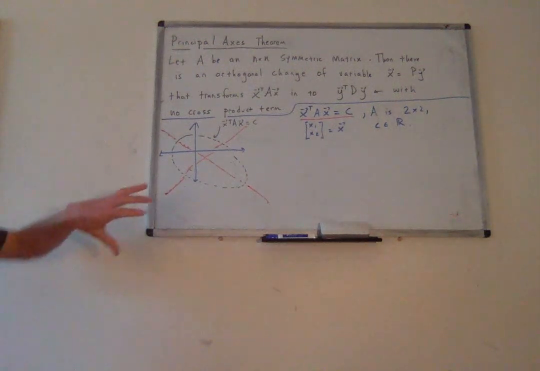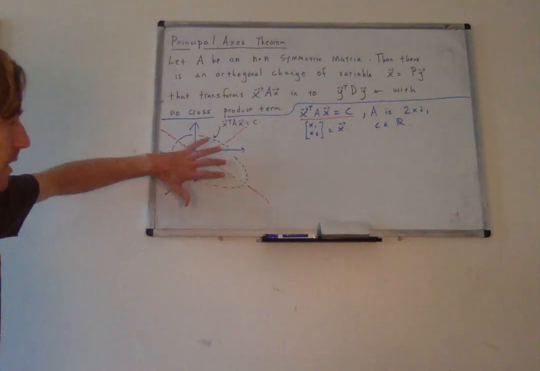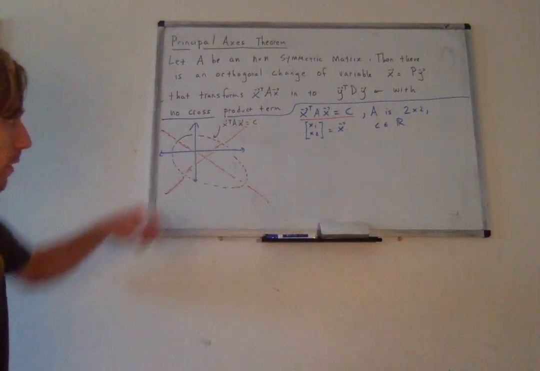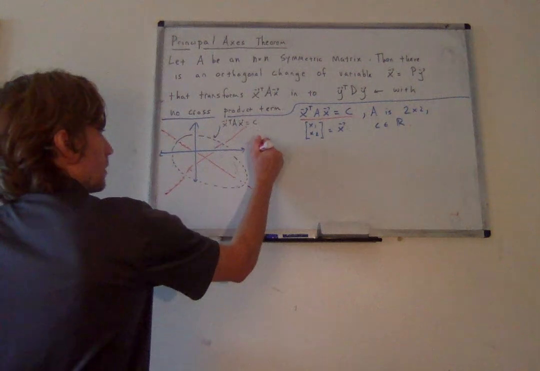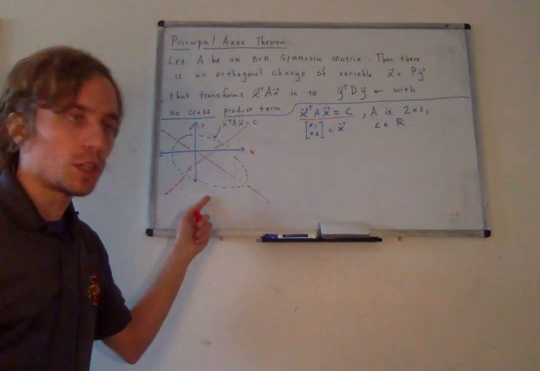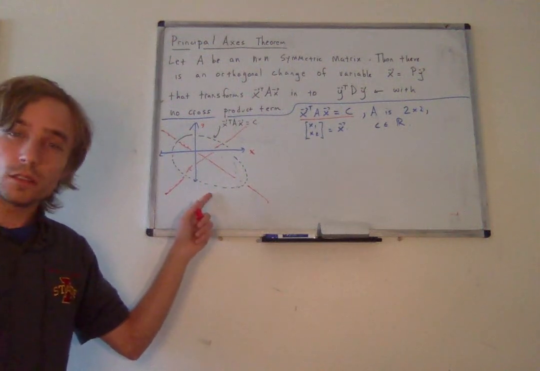So if the ellipse has a set of principal axes that in fact are different from the actual xy axes, this ellipse probably has a cross product term. I'm not actually sure offhand if that's always the case, but I think it is.